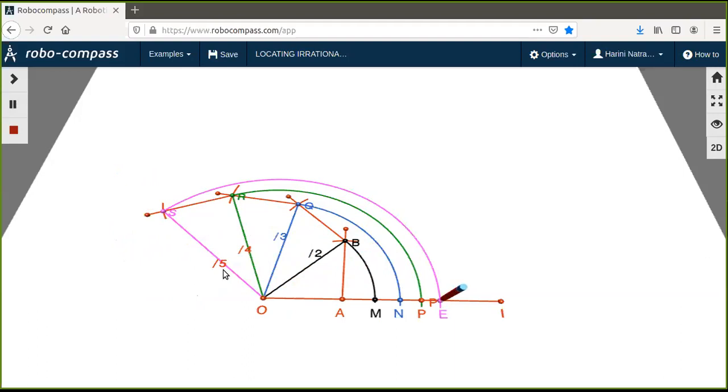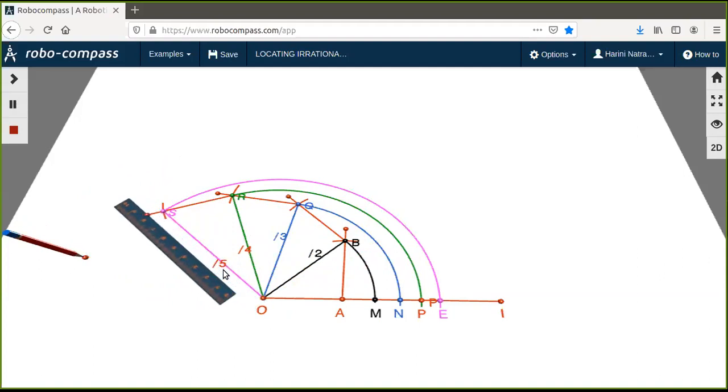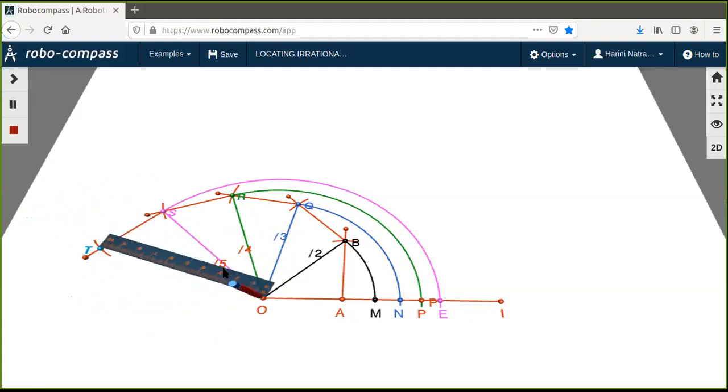So continuing this process, we will draw one more triangle. Now at S, you construct the 90 degrees. So keep it along OS, mark the 90, draw the 90 degrees. Take a unit length OA in your compass. Keep your compass at S, cut an arc, mark the point of intersection. I'll call it T. I'll join the O and T. My right triangle will be ready.